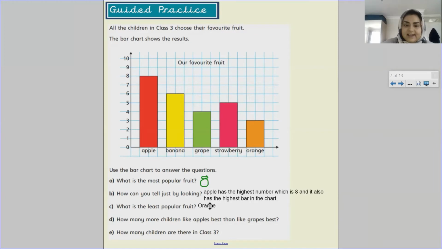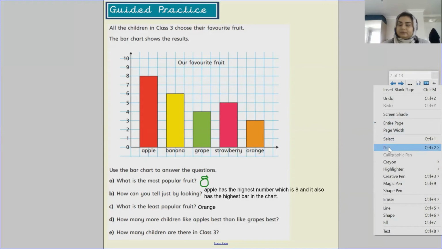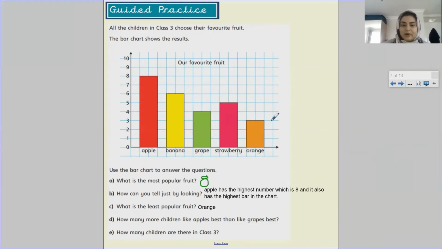Now it says, how many more children like apples best than like grapes? If I look at my bar chart, apples is 8 children, and grapes is 4 children.